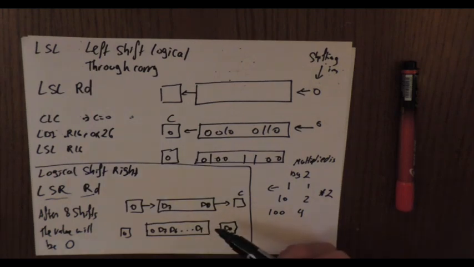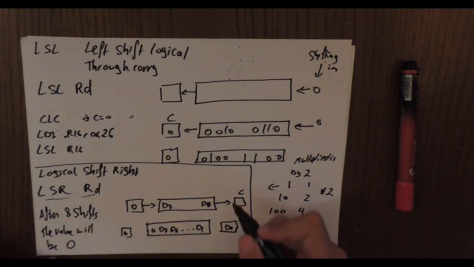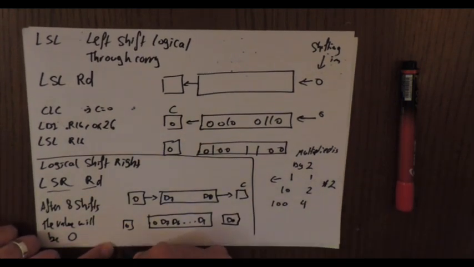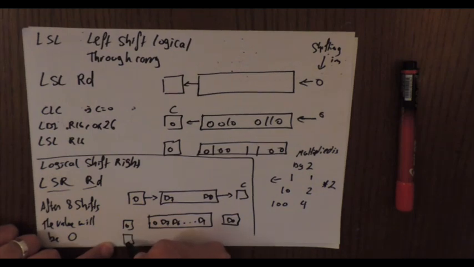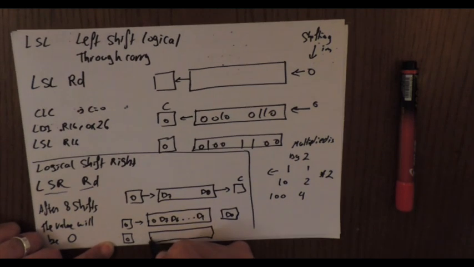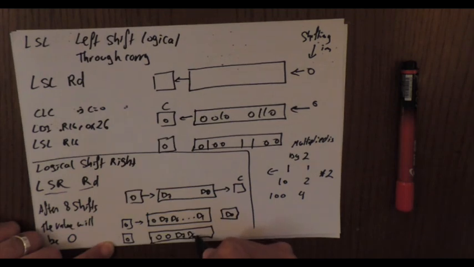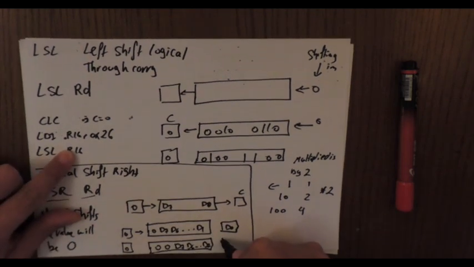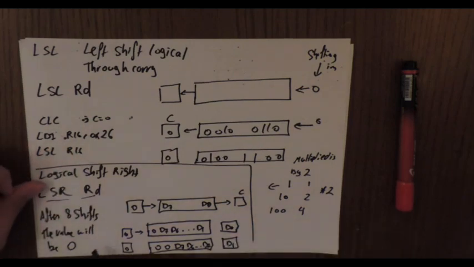Every time we do a logical shift right, a 0 will be fed in. For example, if you do it twice, this will always be 0. Now we have 0, 0, D7, D6 all the way to D2, and here D1. After 8 shifts, the value will be 0.